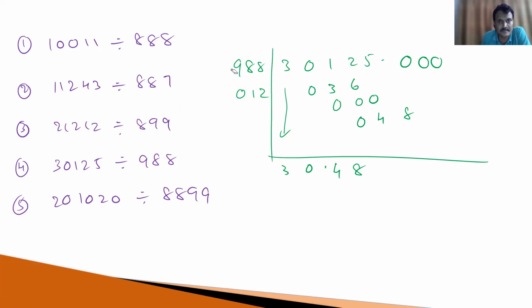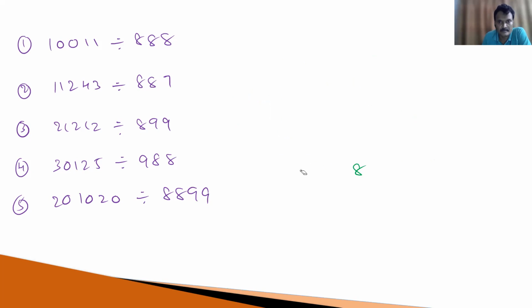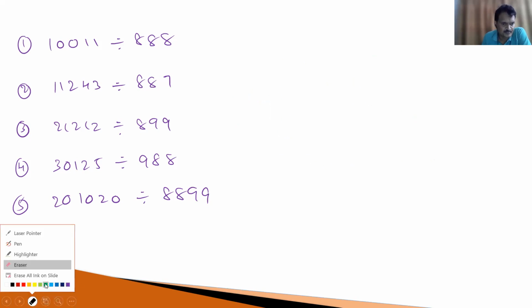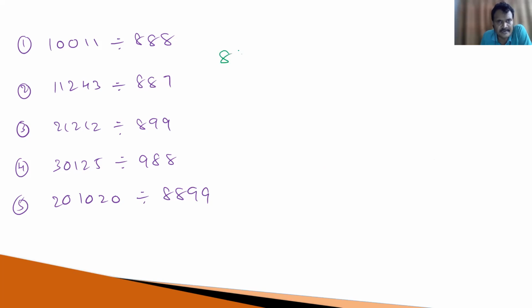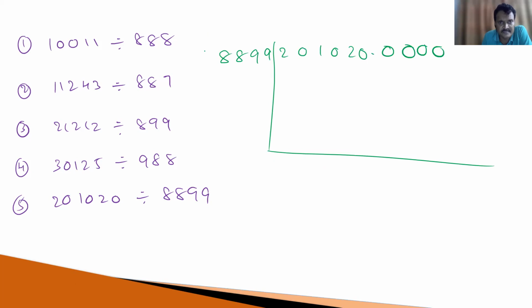Now, what is the last one? 20102.00000, and this is equal to 1101. Now, straight away write down 2. 1101. This is 11101.